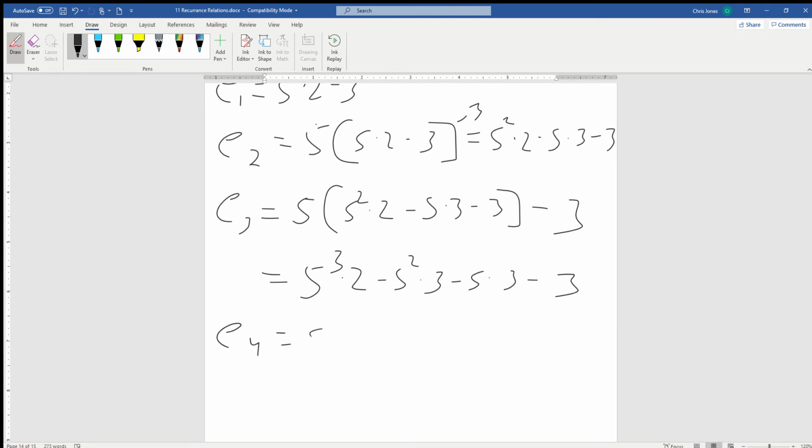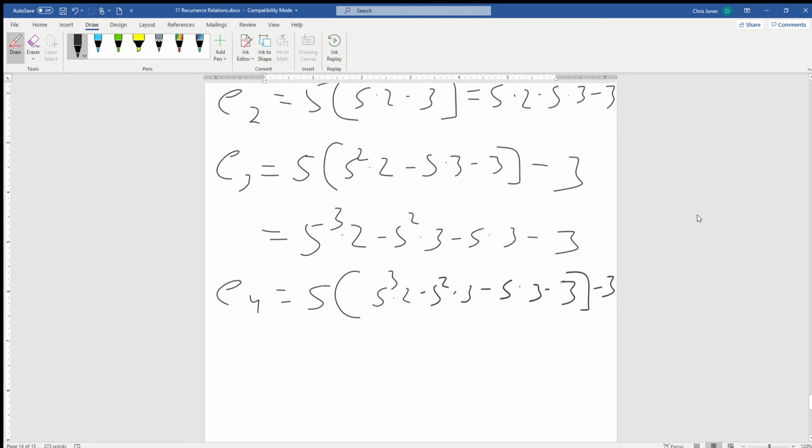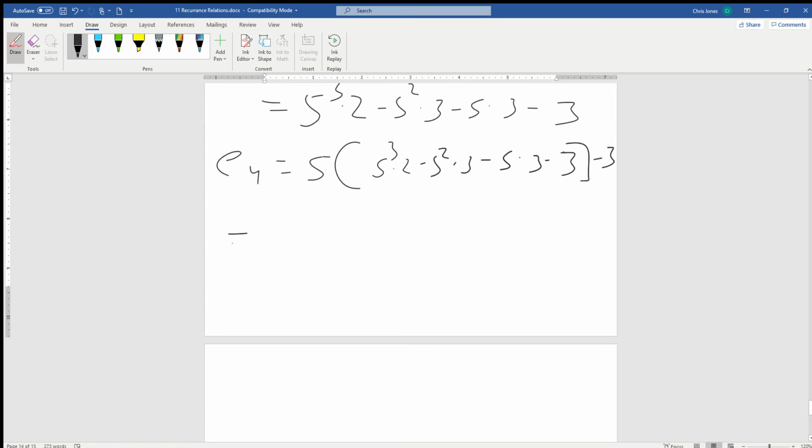E4, 5 times the previous iteration, or if we were to expand that, 5 to the 4th times 2 minus 5 cubed times 3 minus 5 squared times 3 minus 5 times 3 minus 3.